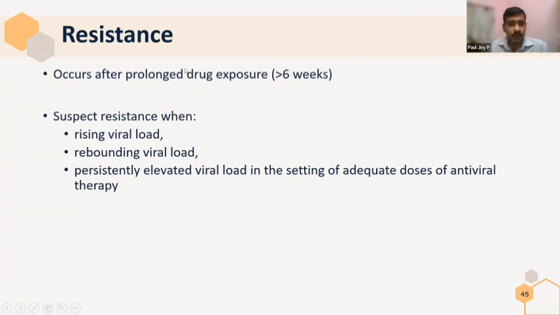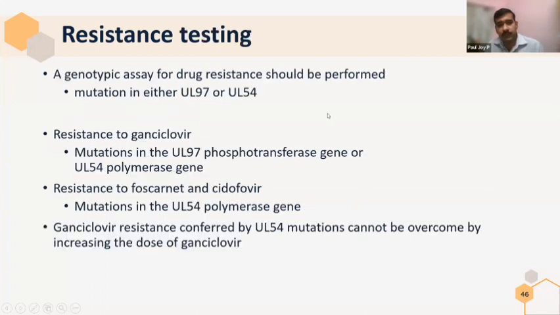Short note on resistance. It happens when there is prolonged exposure to drug, usually more than 6 weeks. And resistance to CMV antivirals should be suspected when there is a rising viral load while the patient is on therapy, or when there is a rebound viral load, or when there is a persistently elevated viral load in the setting of adequate doses of antiviral therapy.